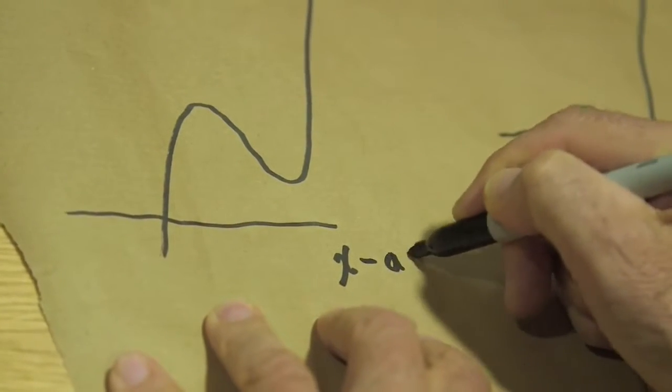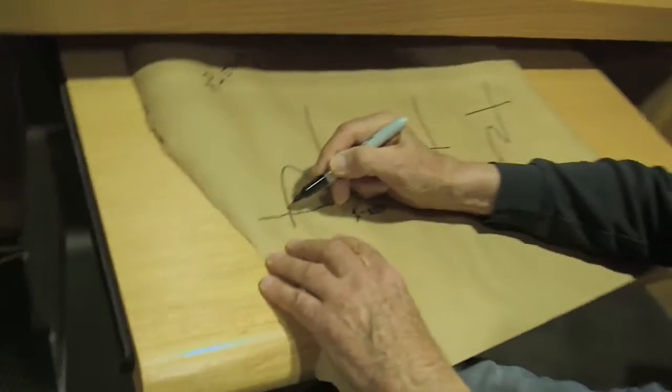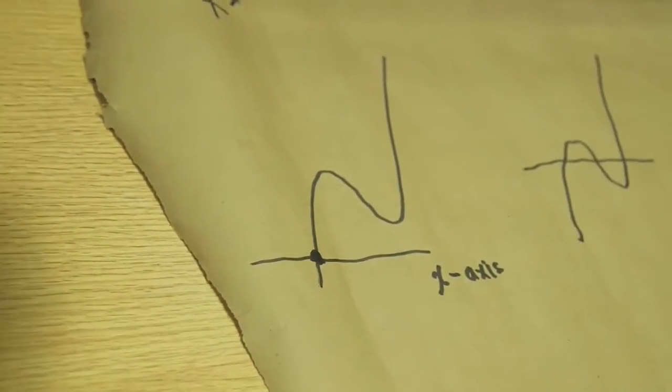Now, once I have told you where the x-axis is, I can tell you when this polynomial is 0, at least graphically, because the zeros of this cubic polynomial will just be where its graph intersects the x-axis. So this one has only a single 0 there.